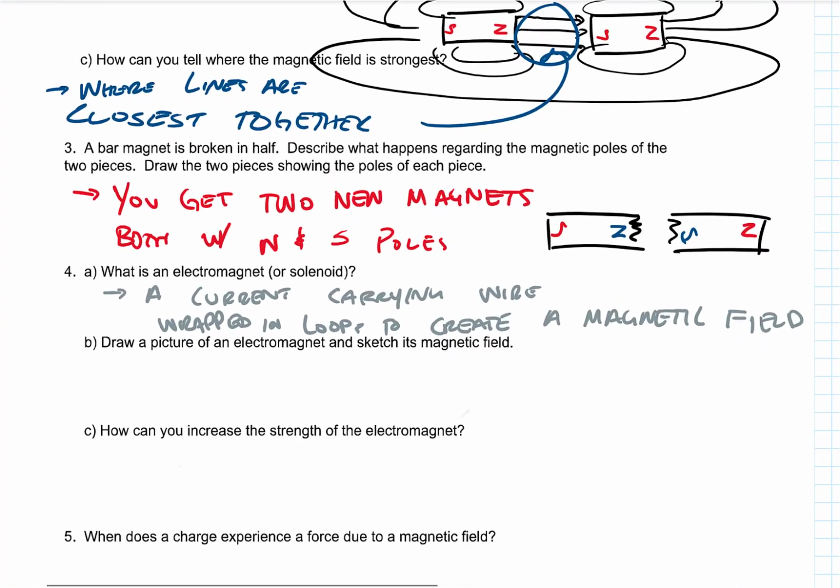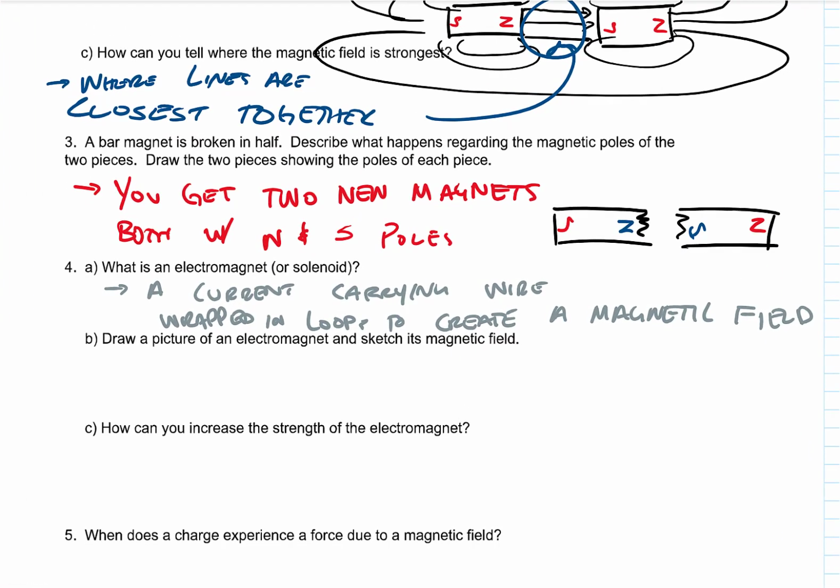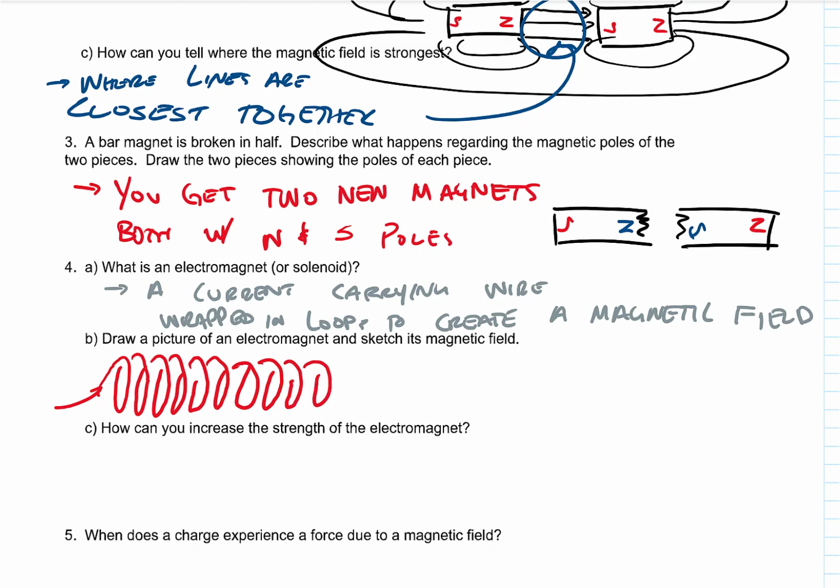Draw a picture of an electromagnet and sketch its magnetic field. So let's say we have current going this way. We'll go out and in. As you can tell, my drawing is amazing. It's okay if your drawings aren't that good.